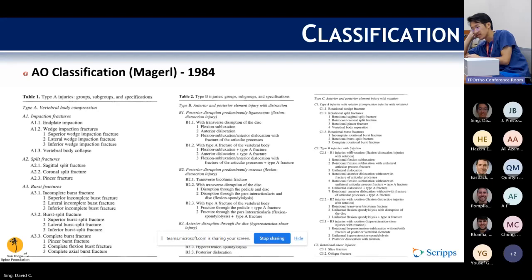The AO classification came out more detailing all these fractures in a way that makes it good for research, I think, but clinically less common for people to describe.